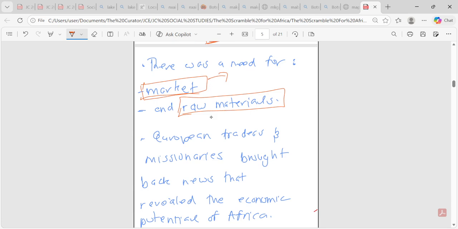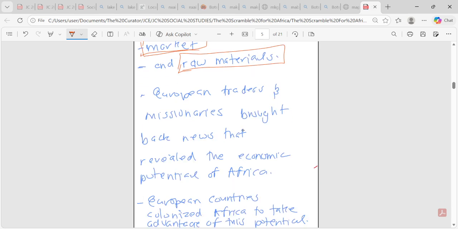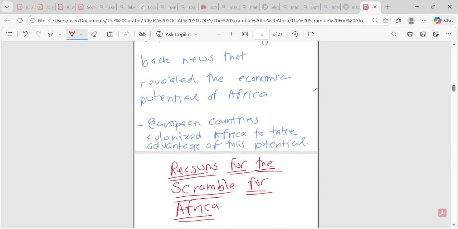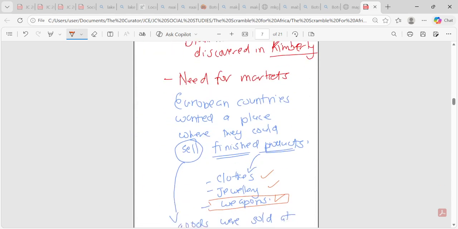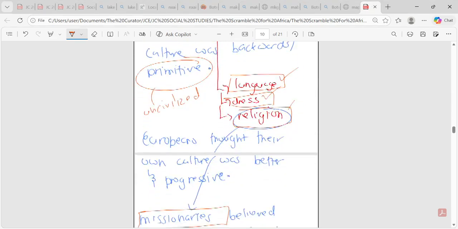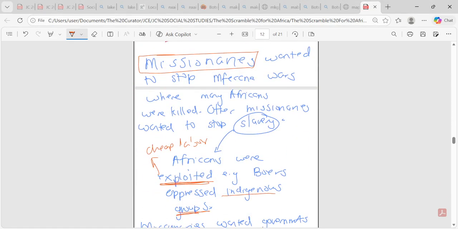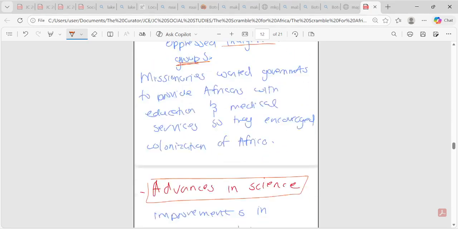They needed markets. They needed raw materials to sustain trade, and so they looked to Africa because the missionaries reported the economic potential of Africa. There are many layered reasons for the scramble for Africa.